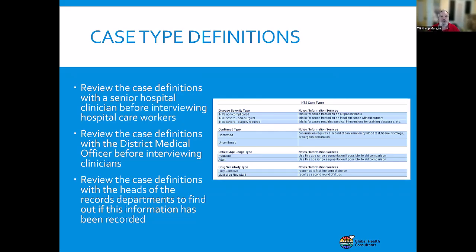Also, when you are putting your exchange rate in the tool, there's a notes and sources of information field. I recommend that you make a note of your source of the exchange rate, if you're using the UN exchange rate, and also the month and the year that it's coming from.